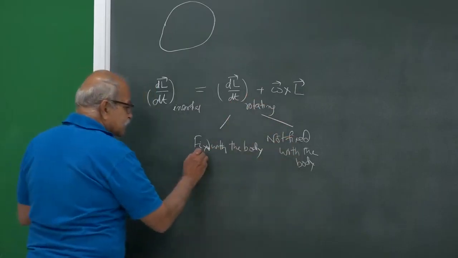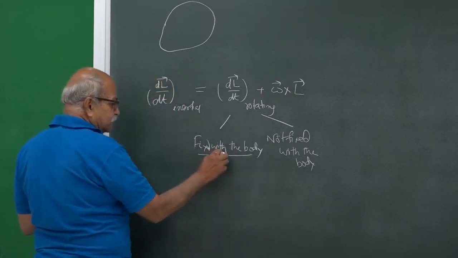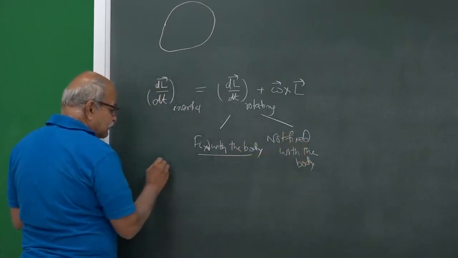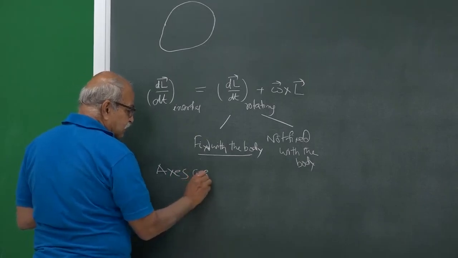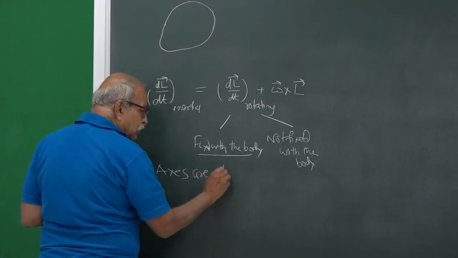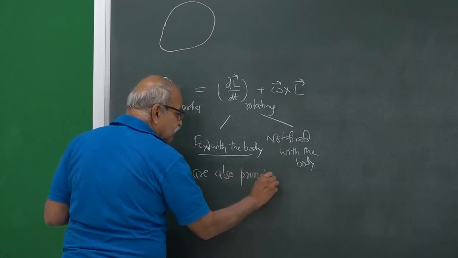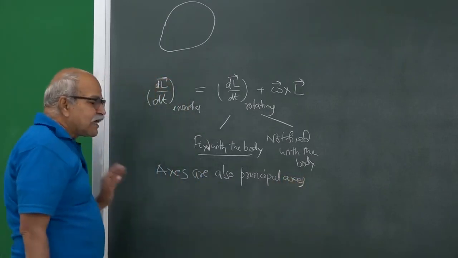If you are choosing the frame which is fixed with the body, or even in this case also, there is another issue: if the axes are also principal axes. And what is a principal axis?